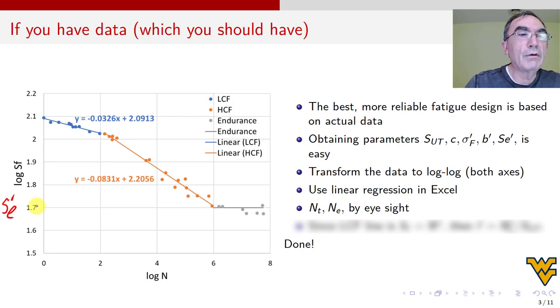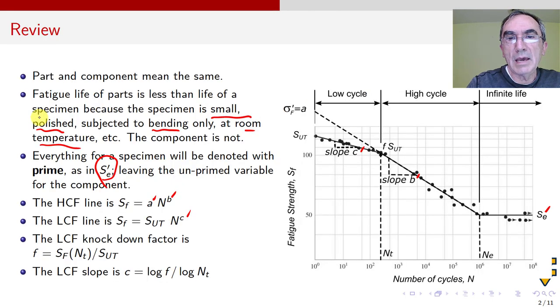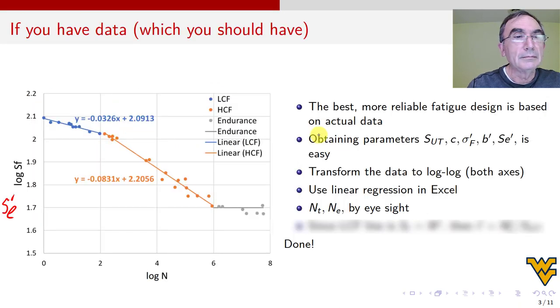And so on and so forth. Like for example, the SUT was 125. Well, we more or less guesstimate that it is 125 right there. We'll see in a minute that exactly it's not 125, but okay. So what's the 125? Well, you take 10 to the 2.1, and then it's going to give you 125. So this is SUT.